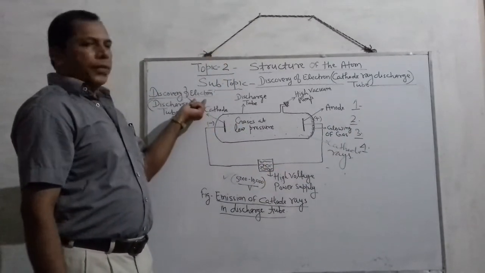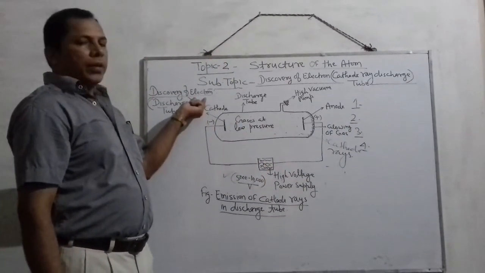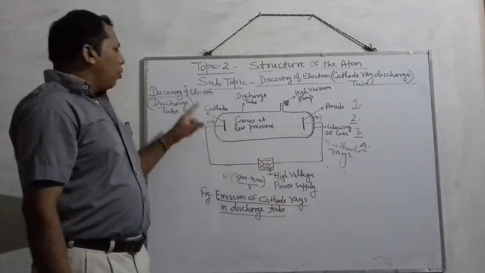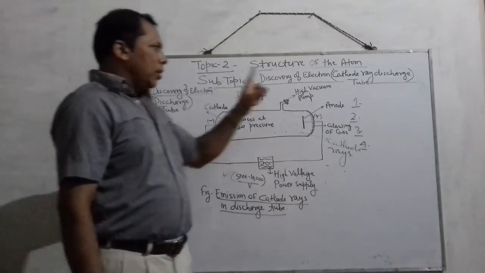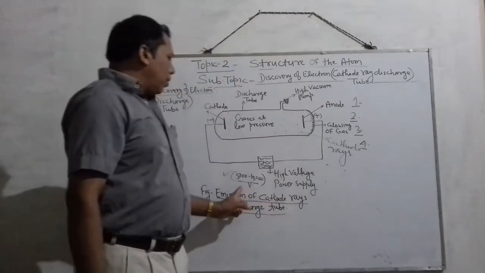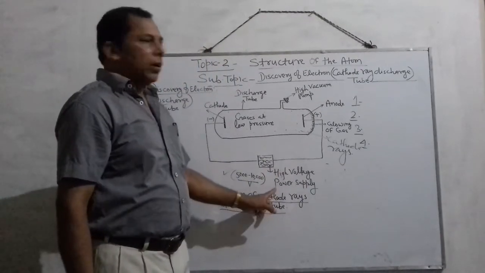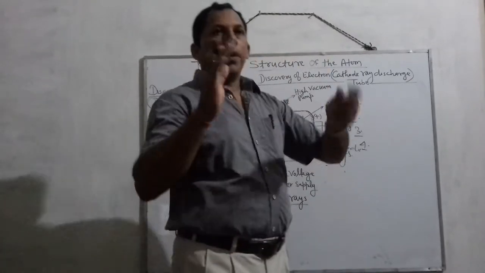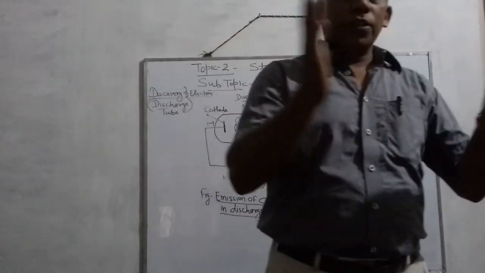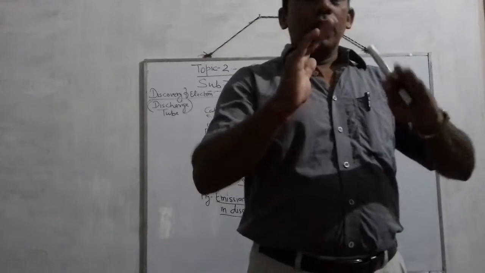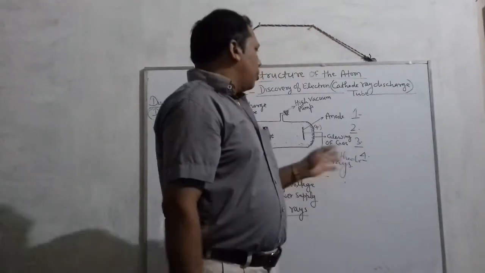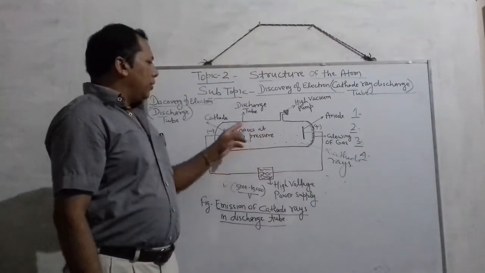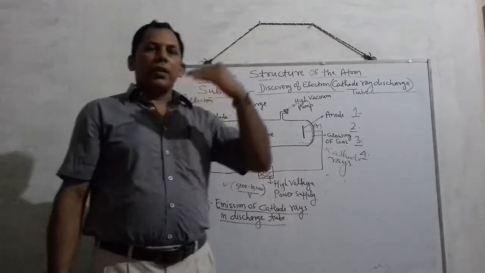So children must remember how this experiment is carried out, and what is discharge tube, what is the role of the high voltage power supply, and what is the role of pressure. It is very important to know what pressure and what voltage is required for the gases filled inside the tube.